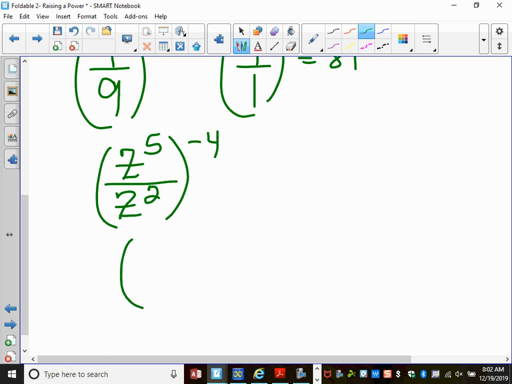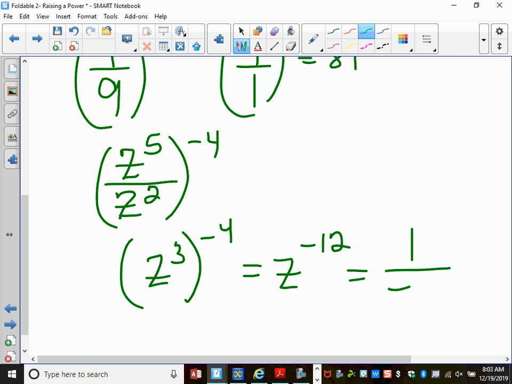So I could just say, okay, 5 minus 2 will give me 3, and then raise that to the negative 4. So that's going to give me z to the negative 12, which then I take the reciprocal, and that's going to give me 1 over z to the positive 12. Because again, you cannot leave negative exponents in your final answer. You have to take the reciprocal.